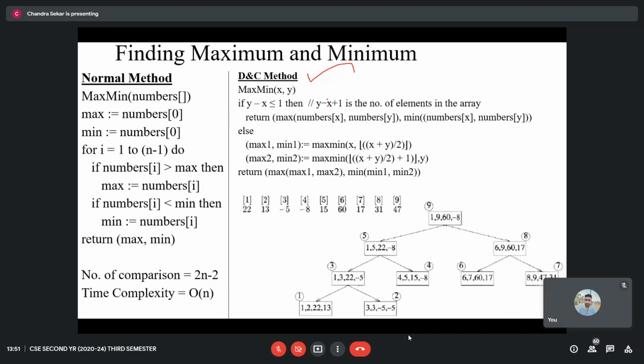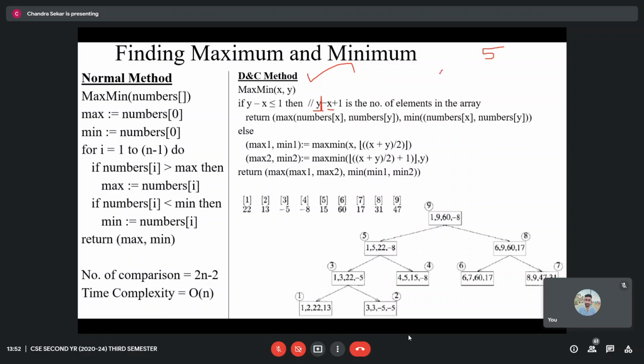So here, assume that you have an array of elements that starts with index x and ends with index y. So y minus x plus 1 will give you the total number of elements in an array. Say for example, you have an array with 5 elements.